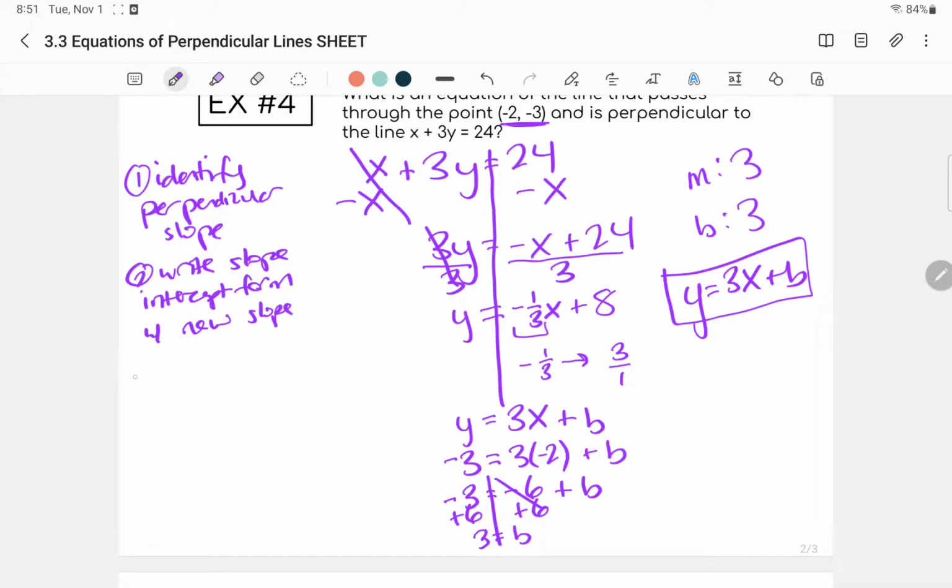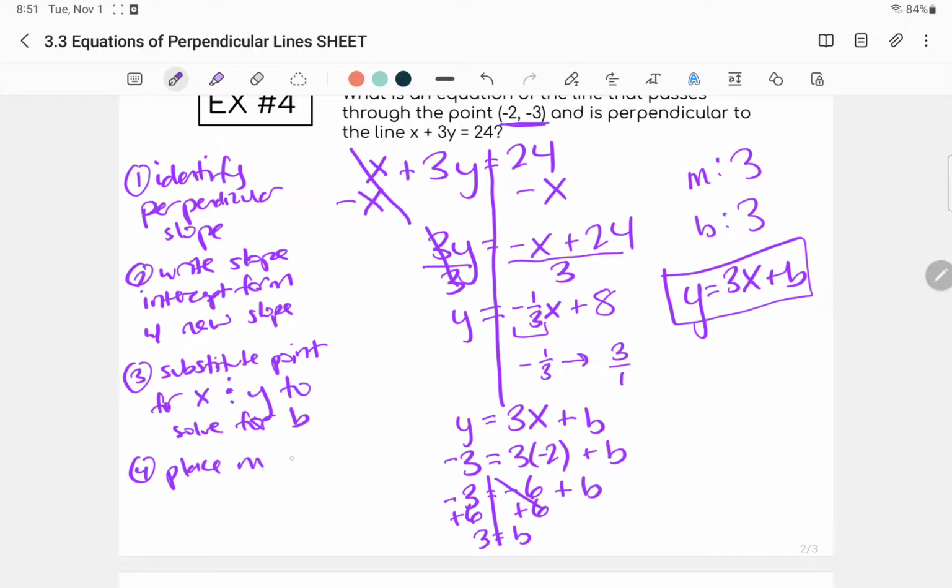Then I have to substitute the point it gives me for x and y. And I put in -2 for x, -3 for y, in order to solve for b. And then once I have b, I'm going to place m and b into y equals mx plus b. Then I have my equation.